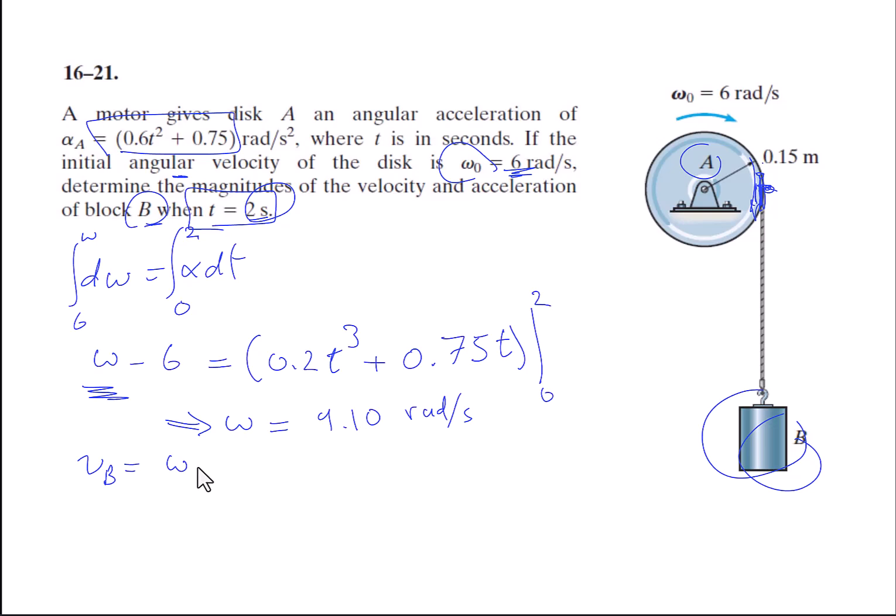We want the velocity at this point, which is the angular velocity times the radius. This is calculated as 9.10 times the radius 0.15, and this is 1.37 meters per second.